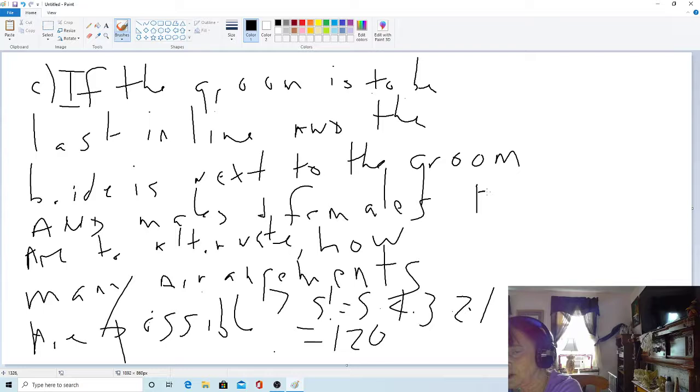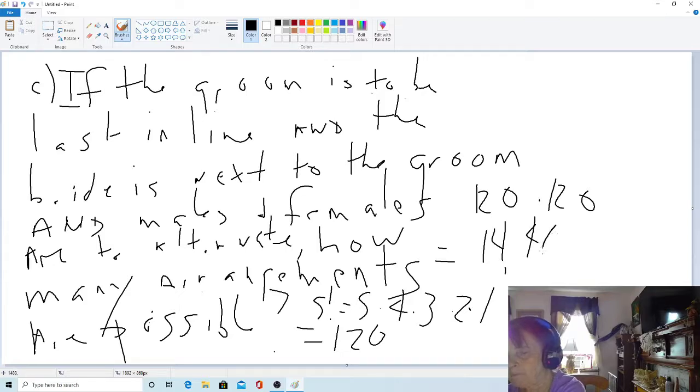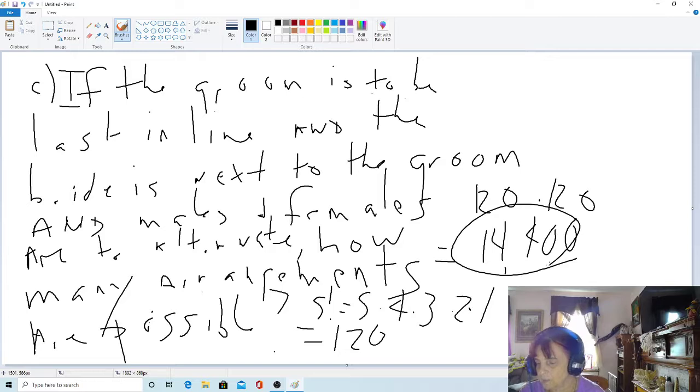So it will be 120 times 120, which is 14,400. Okay, you assume the best man and the maid of honor don't have to be side by side.